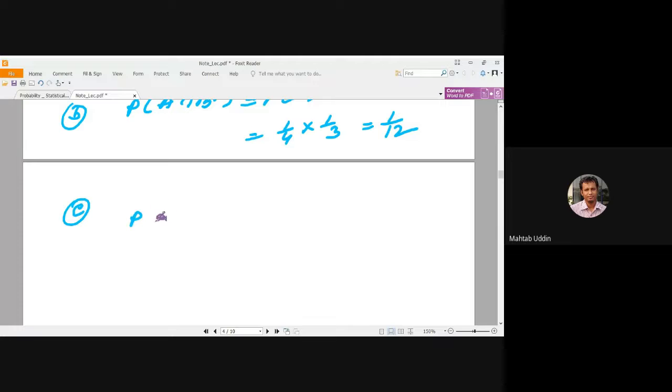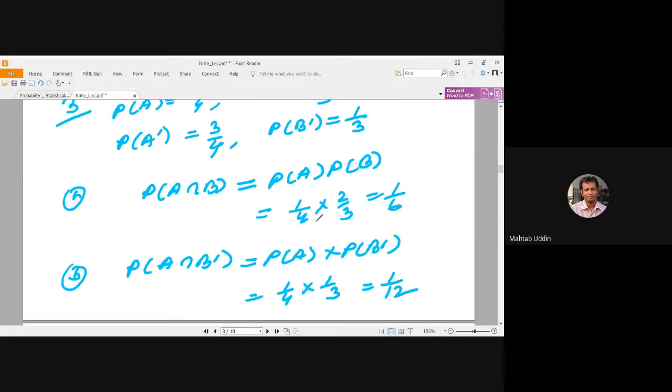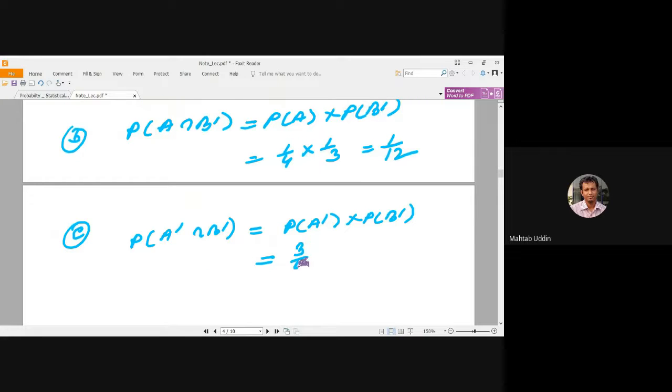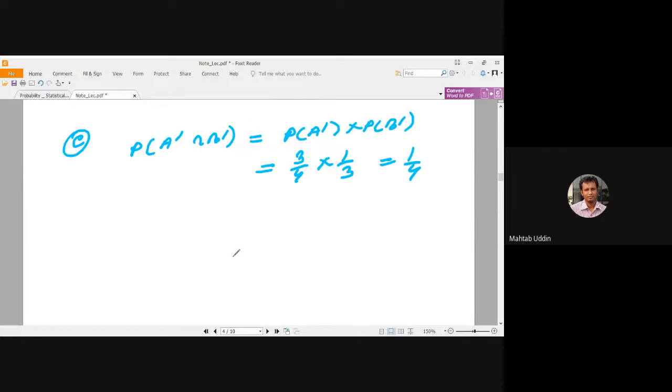Then come to C: P of A prime intersection B prime. It can be done two ways. You can use directly P of A prime into P of B prime. A prime is 3 by 4, B prime is 1 by 3. So 3 by 4 into 1 by 3, that is 1 by 4, right? Also you can do it using De Morgan's formula, but I am not preferring this.